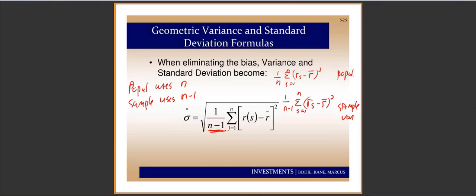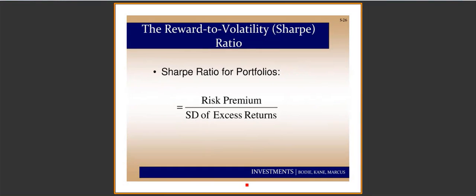Now, this next term here is the Sharpe ratio. And the Sharpe ratio is a measure of risk-adjusted returns. What we've got in the numerator here is the risk premium. And the risk premium, again, this is for a portfolio. So let's define R sub P to be the portfolio return over a certain time period.